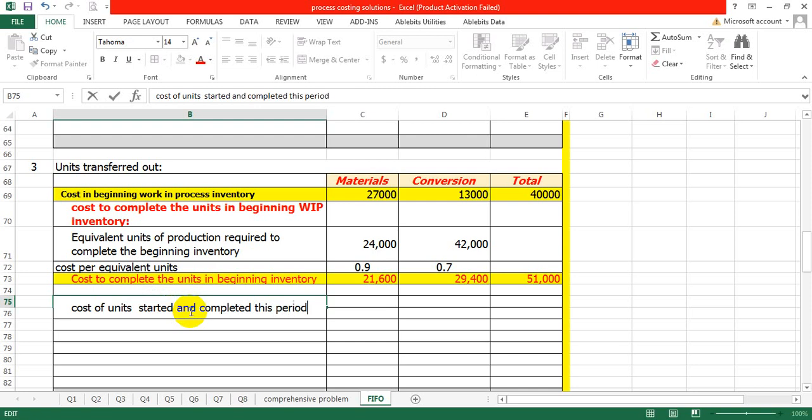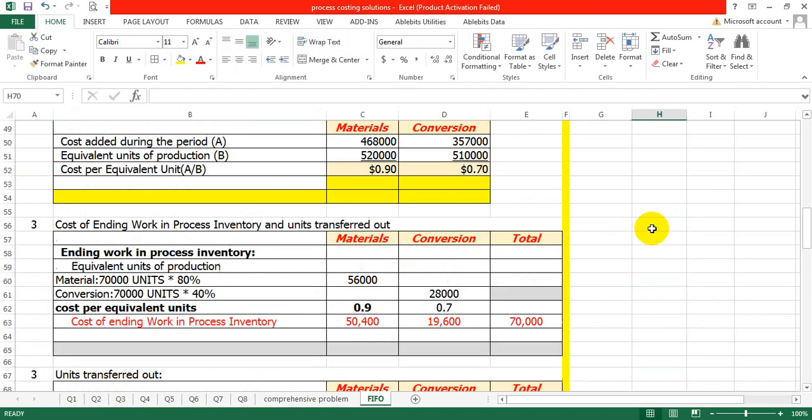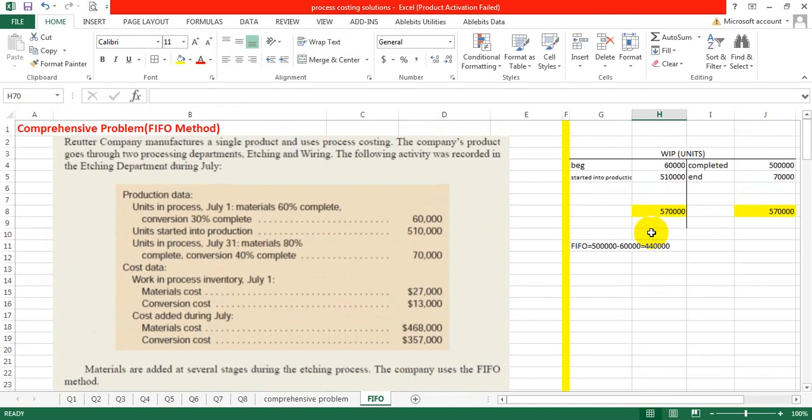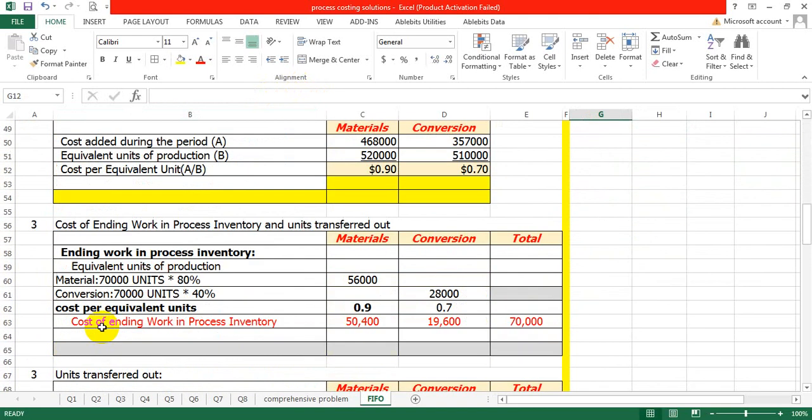The units started and completed this period we calculated from our previous work, that was 4,40,000 units.